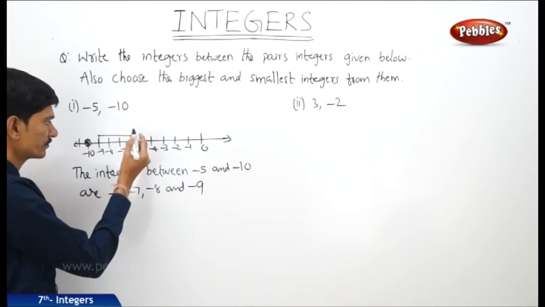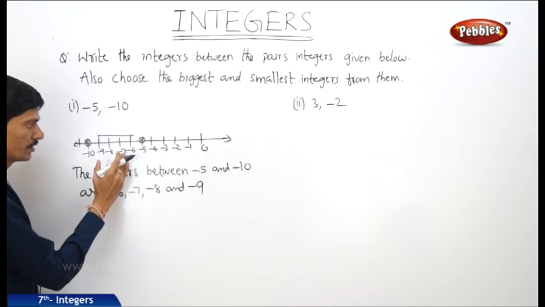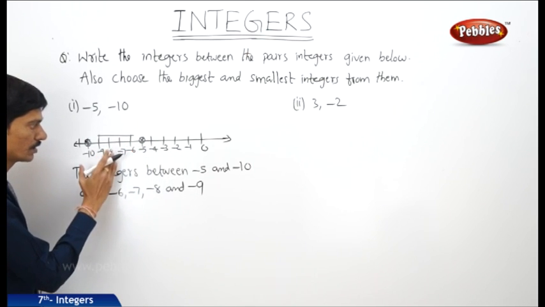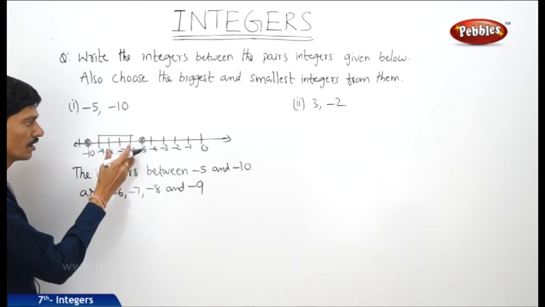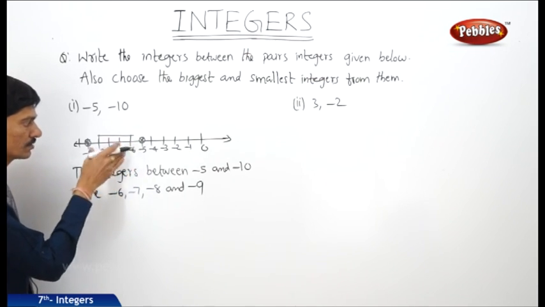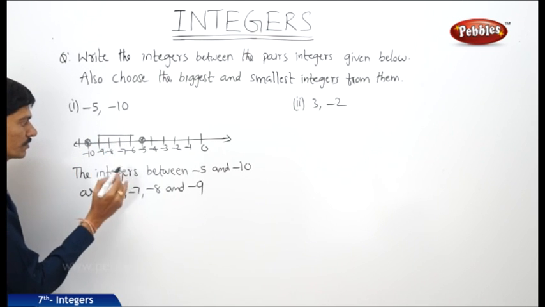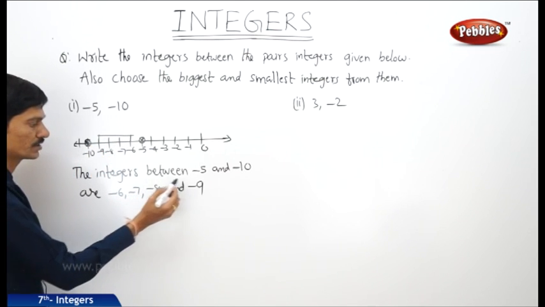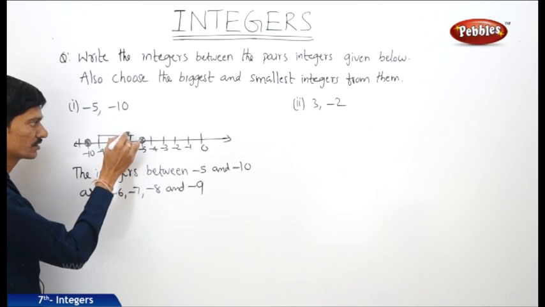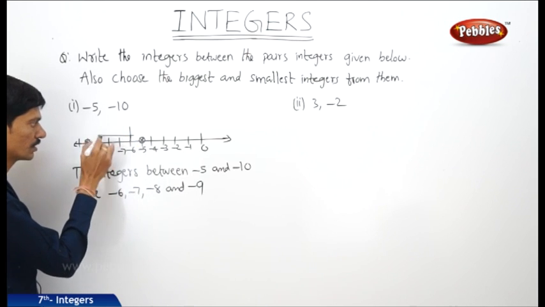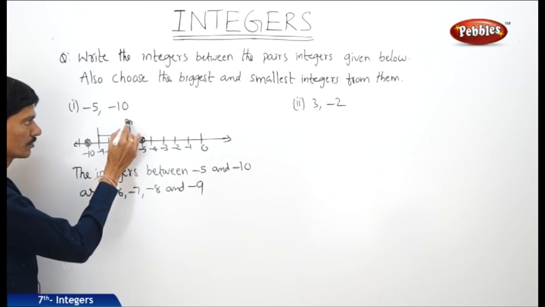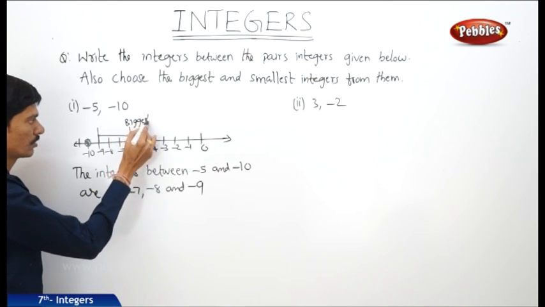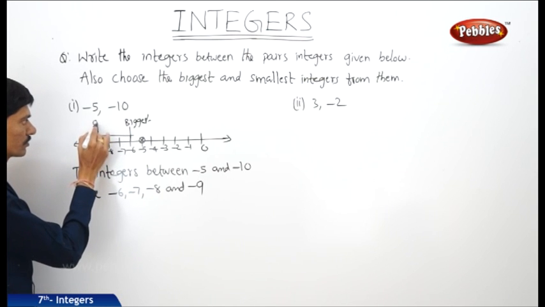If an integer lies to the right of another integer, then the integer that lies right is larger than the integer that lies left. So in these -6, -7, -8, -9, here -6 lies to the right of the integer -9. So here -6 is the biggest and -9 is the smallest.